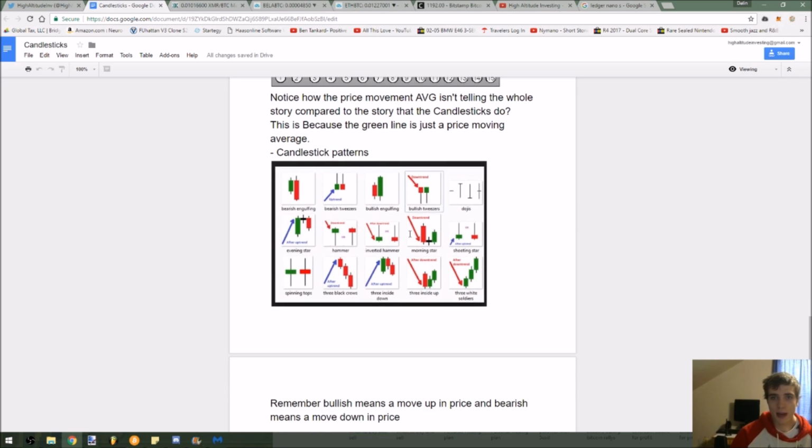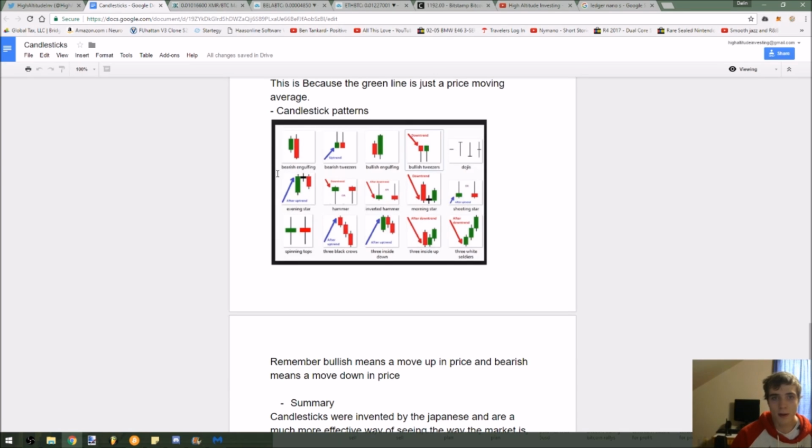Now, here are some candlestick patterns that I look out for. Bearish engulfing: this is when there are two wicks up at the top, people trying to get out of the market, and the body closes at a lower point than where this candlestick opened. The bullish candlestick here opened higher than where the bearish one closed.